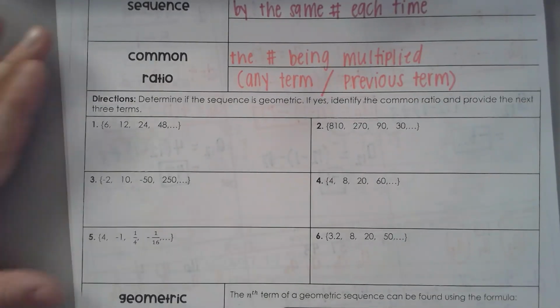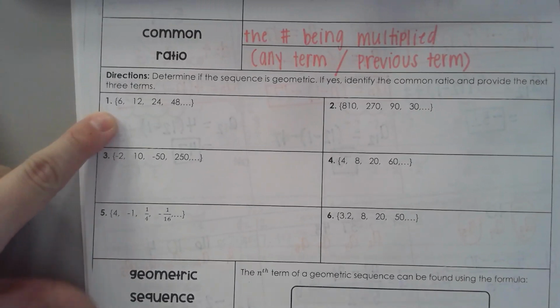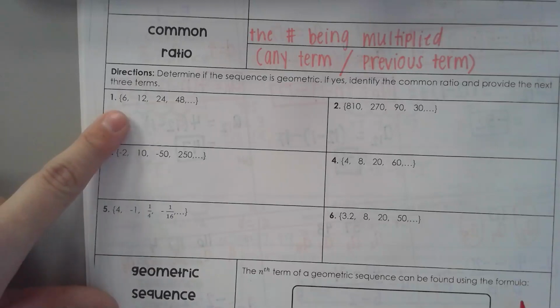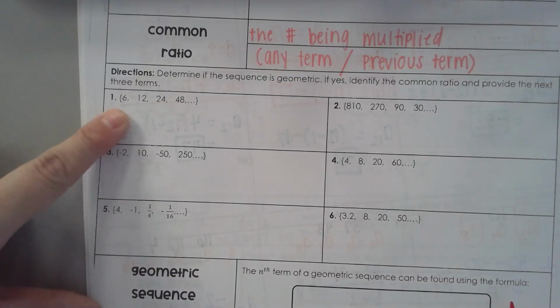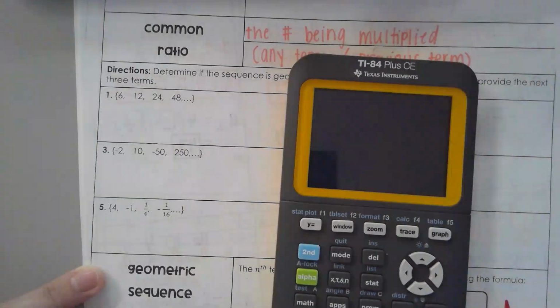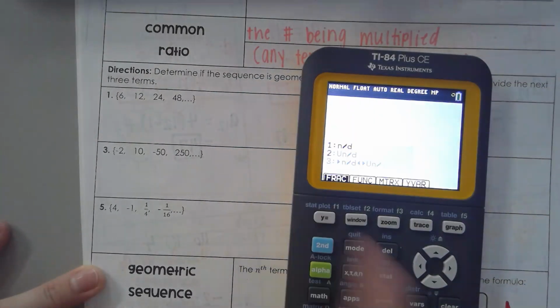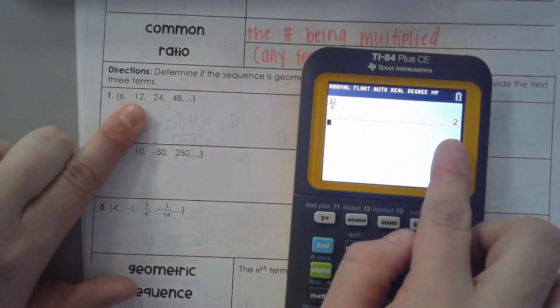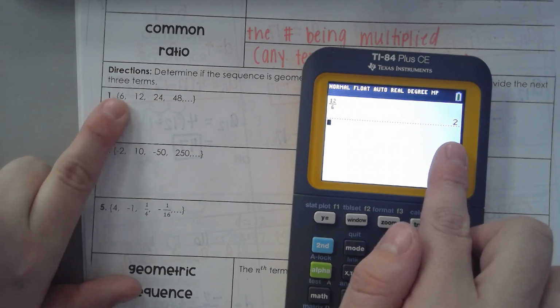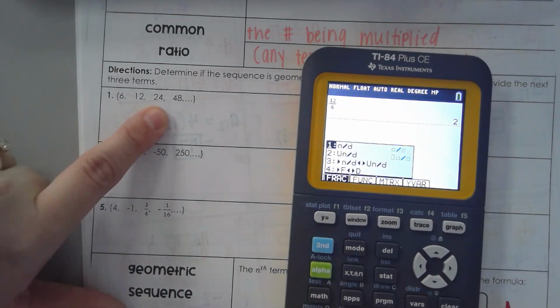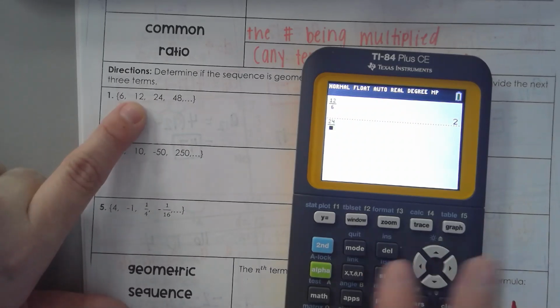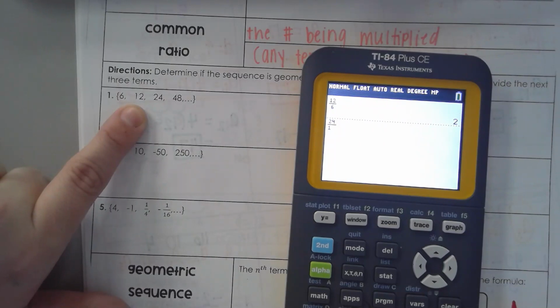Yeah. So like on number 1, can you tell by looking at it what the ratio is? What's being multiplied? What do you think? 2. Because 6 times 2 is 12. But if you didn't know that, if you go to alpha y equals and type in 12 over 6, you get 2. So that means it's being multiplied by 2. I could do 24 over 12. 2.